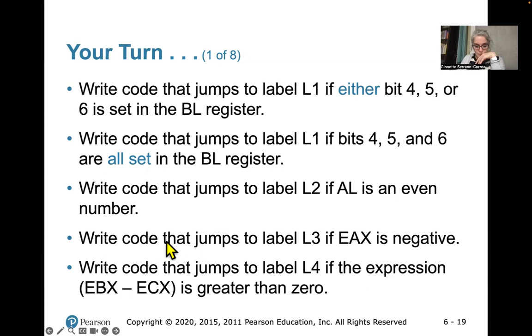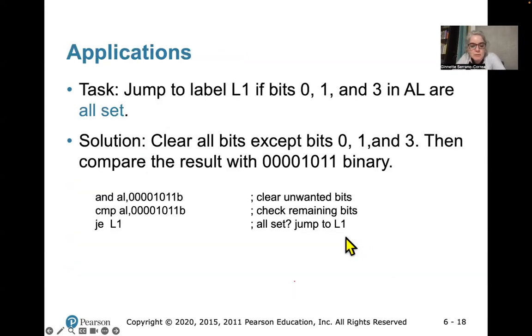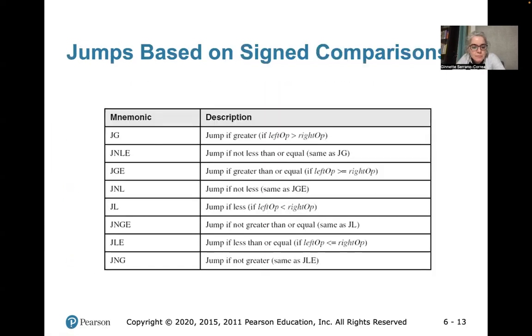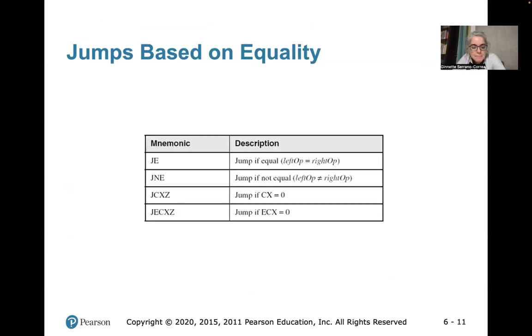Write the code that jumps to label L3 if EAX is negative. So this one, you're looking at the EAX register. And remember, for this one, you have these right here: jump if EAX equals 0.